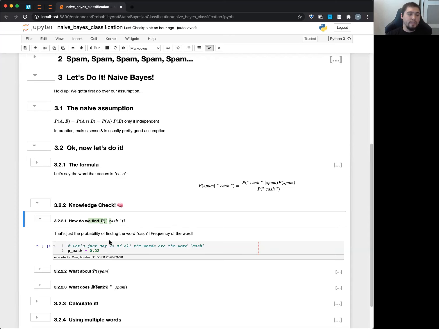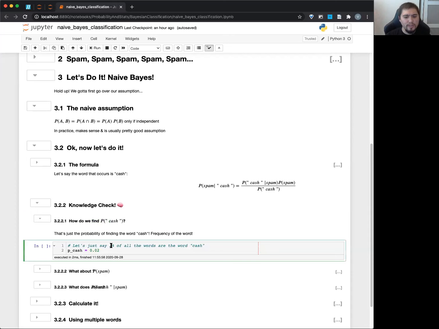But in general, we just look at all the words and say, how frequently does the word cache occur in this email, right? And note that these probabilities are really, really small. If you imagine emails containing cache 2% of the time, that would be a really annoying email set. You would never probably want to read emails ever again. But just for the sake of simplicity, we're using 2%, okay?